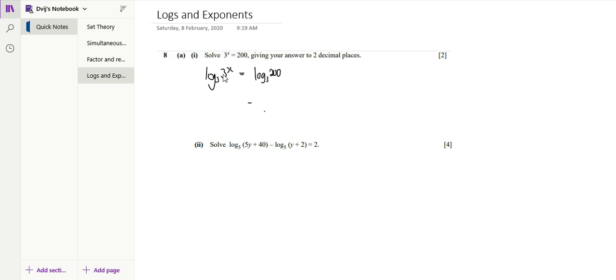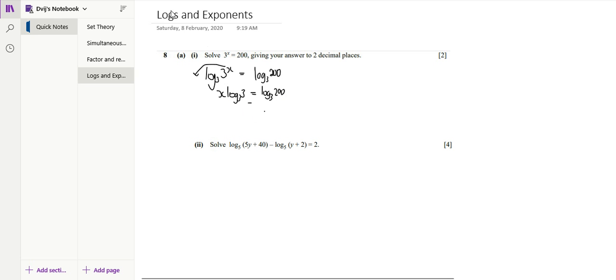And we know that due to our logarithm rules, if we have a power here, it's just going to move to the front like that. So we get x log base 3 of 3 is equal to log base 3 of 200.